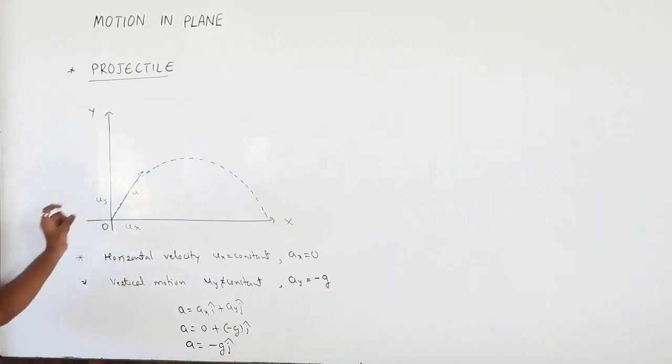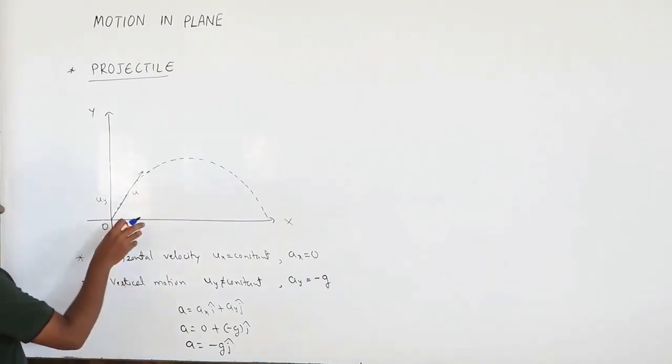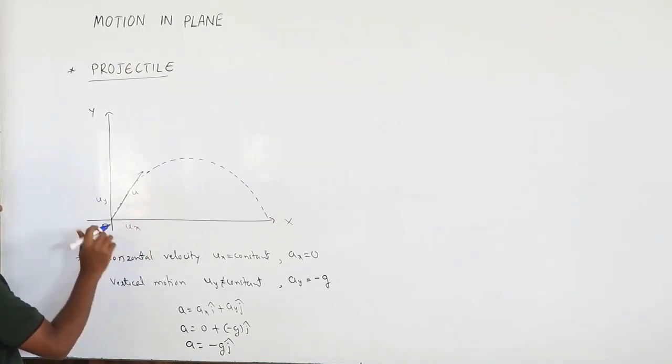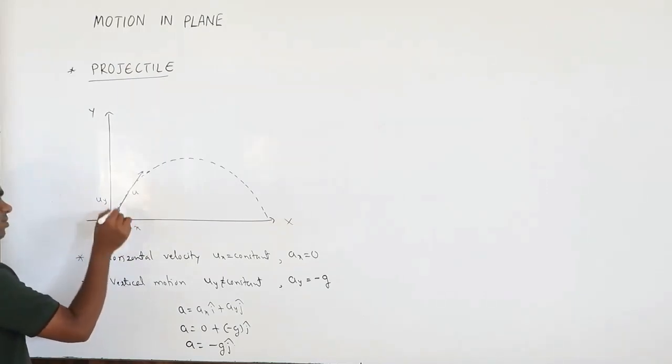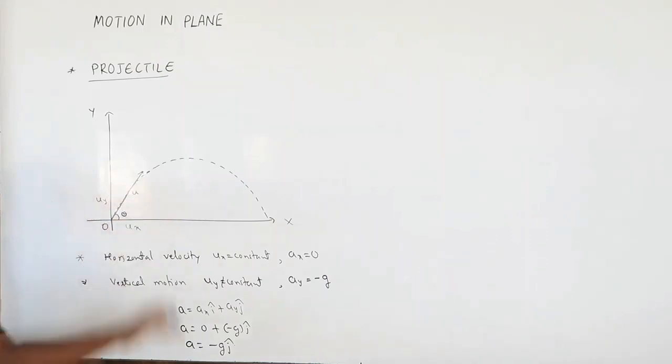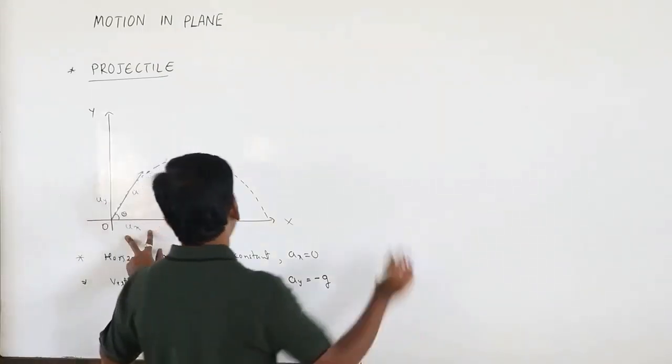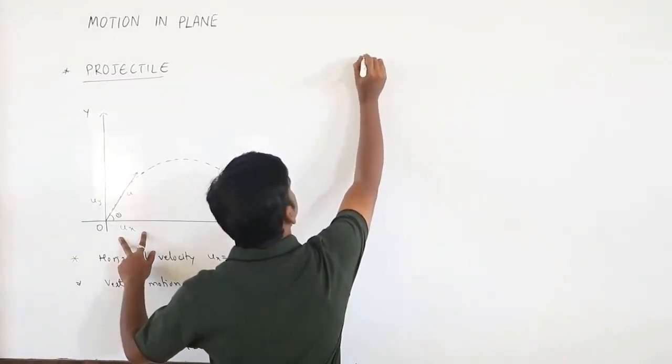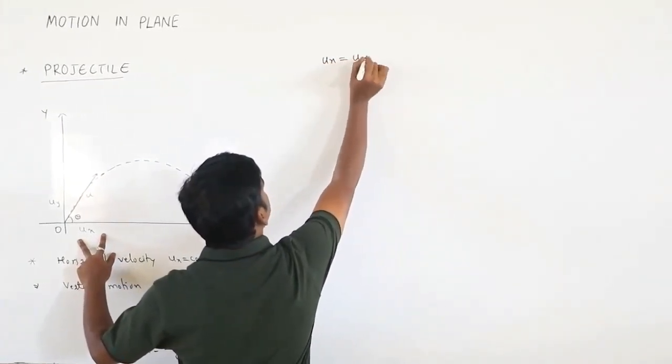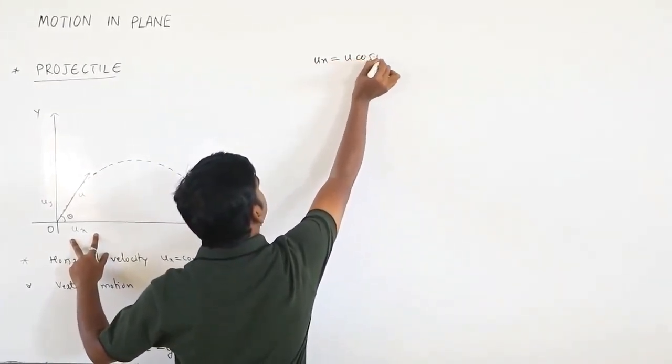This is the beginning of our assumptions. Now if you want to write the velocity components, if you are giving some angle of projection theta, then can I write ux equals u cos theta?